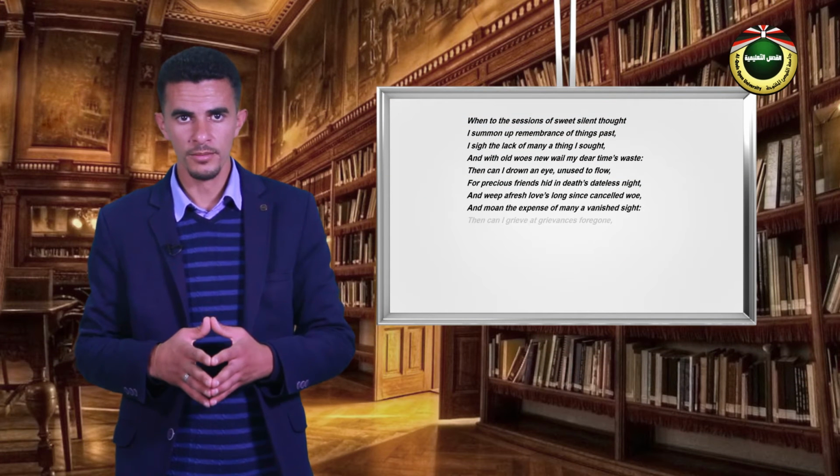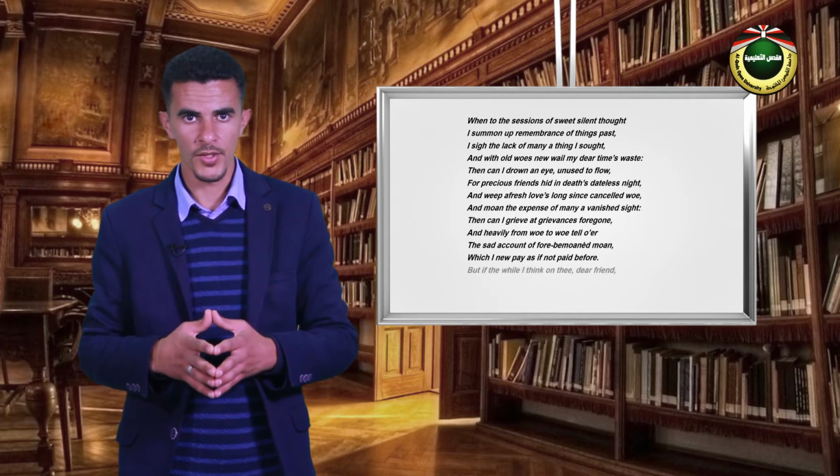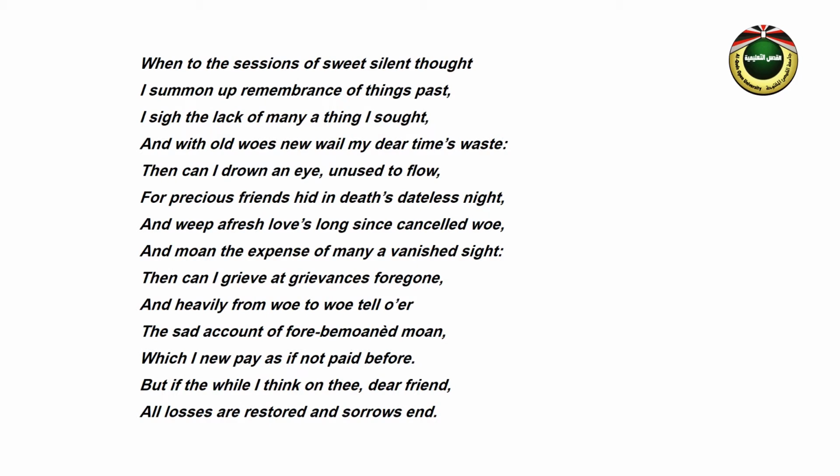The following poem is the first poem we are going to discuss in this video. When to the sessions of sweet silent thought, I summon up remembrance of things past. I sigh the lack of many things I sought, and with old woes new wail my dear time's waste. Then can I drown an eye unused to flow for precious friends hid in death's dateless night, and weep afresh love's long since cancelled woe, and moan the expense of many a vanished sight.